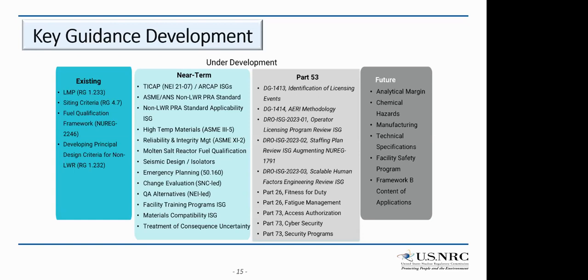That'll be in NEI 21-07 that builds off of the LMP. A lot of other work like ASME standards and so forth. And then down the road, as we get further into this, I think we'll likely identify a lot of other guidance documents that'll need to be done.